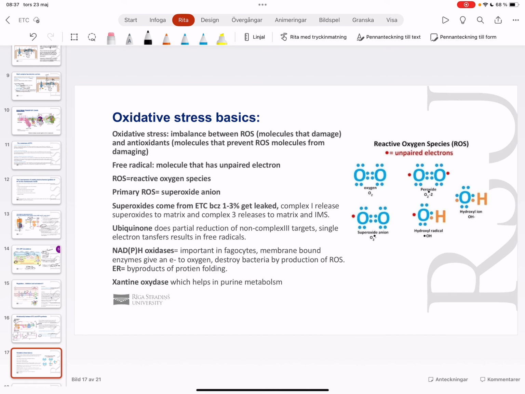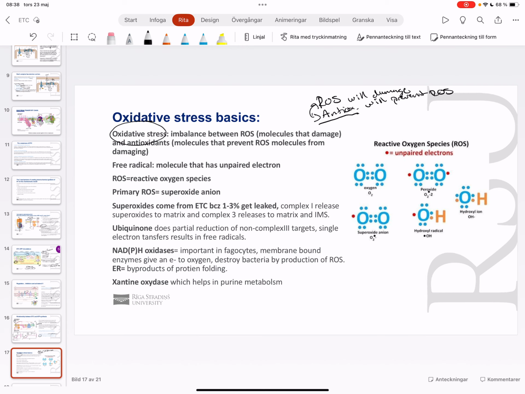So ROS will damage, and antioxidants will prevent ROS. If we have oxidative stress, that means that there is an imbalance between the two of these. Okay, so that's one thing that's important to remember.